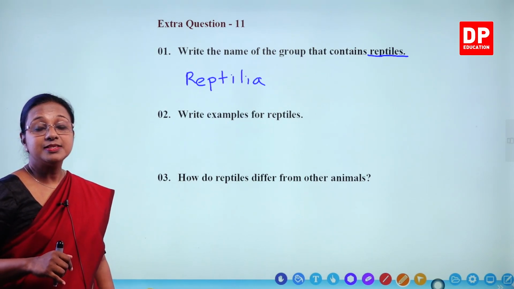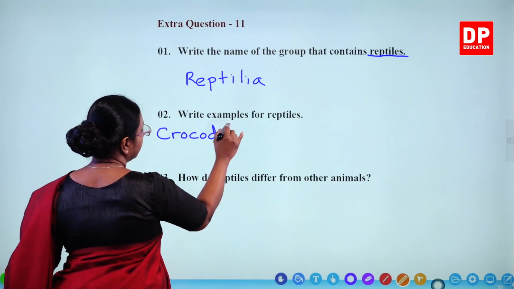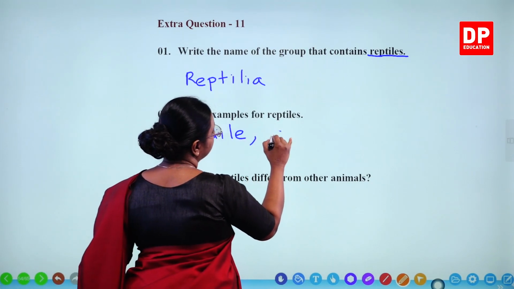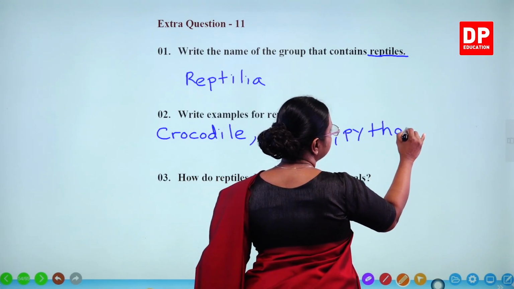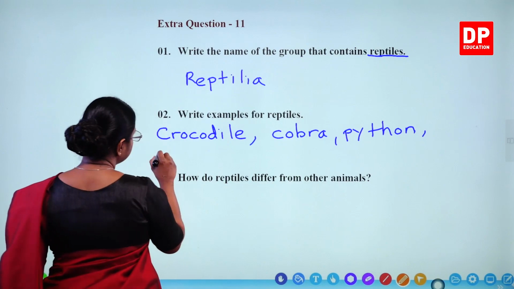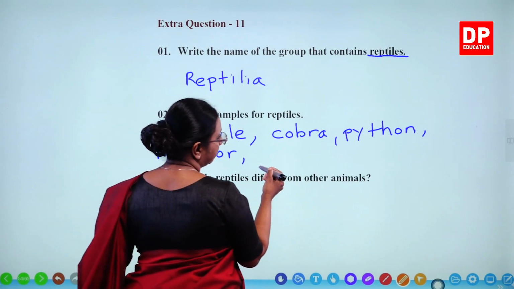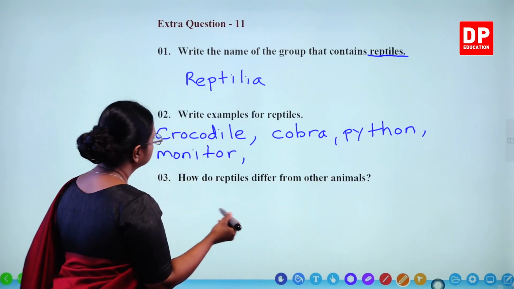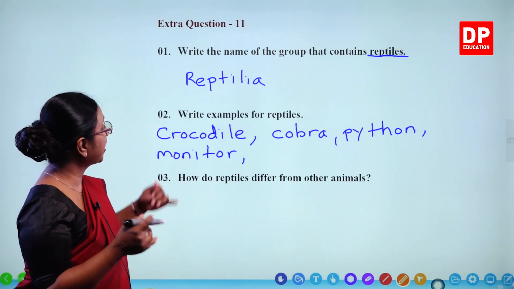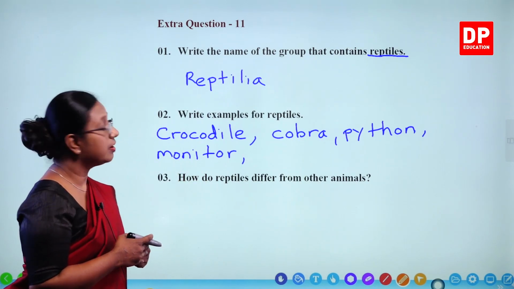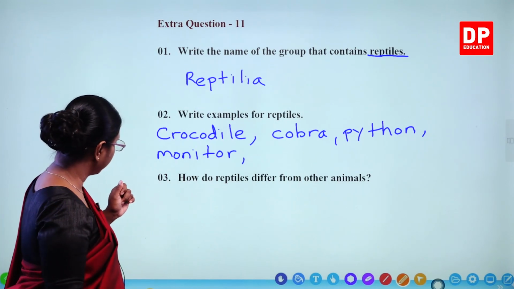You can write many examples: crocodile, cobra, python, monitor, krait, any type of lizard. All those can be written as examples for reptiles. Iguana, all those are different types of reptiles.